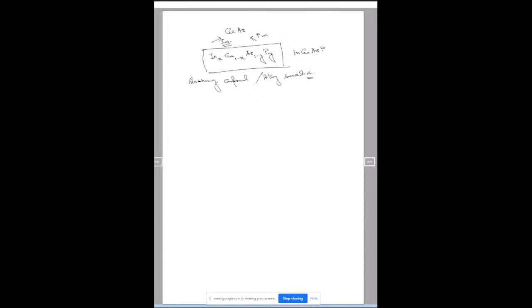Some books call it other semiconductors, some people call it compound semiconductors. Some texts only mention 3-5 semiconductors, 2-6 semiconductors, like this. So you can have a host of semiconductors, including quaternary semiconductors, by combining different elements.